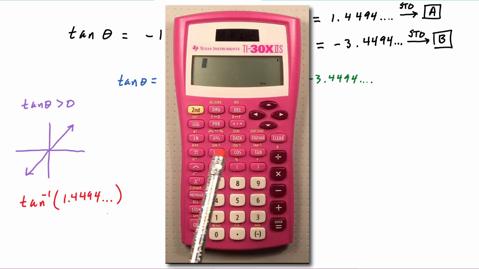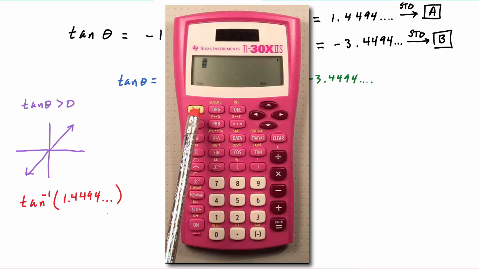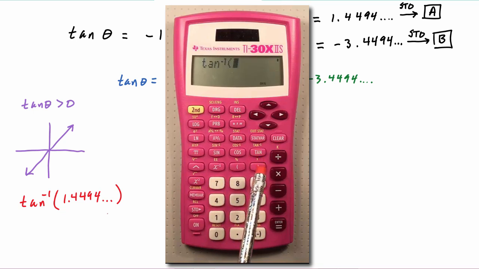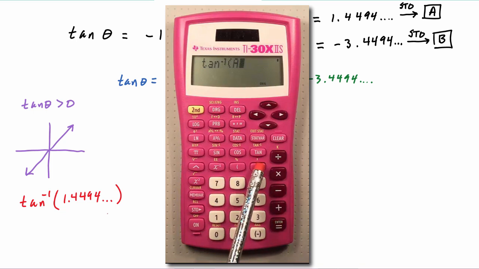So hit the DRG button if you need to, cursor under the degree, and hit enter. Now we're ready to take the tangent inverse of 1.4494. So we will hit second, tangent inverse, and to get at memory location A, you will hit memvar, M-E-M-V-A-R, for memory variable, and you will make sure the cursor is under the A and then hit enter. Close your parentheses, hit enter.